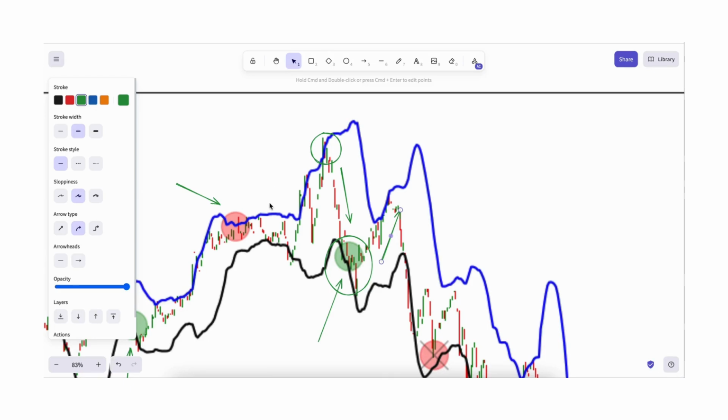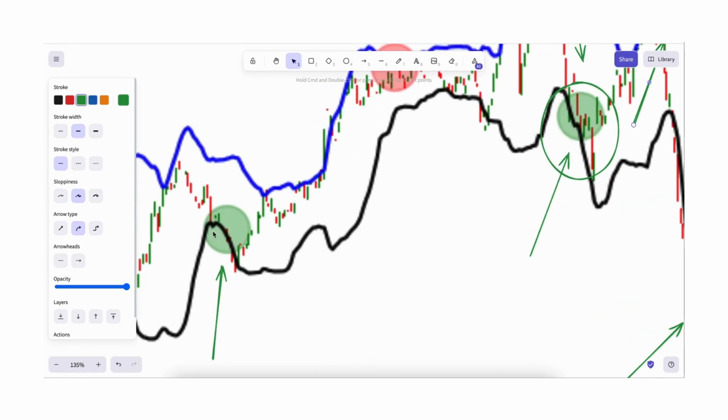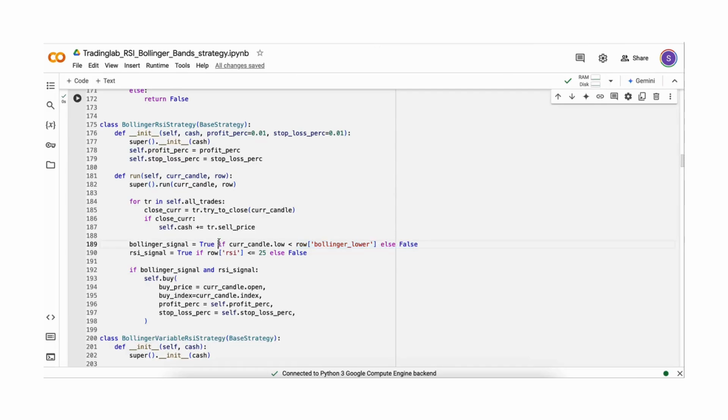So this basically says that, for example, it is satisfied somewhere here, where the low of a candle is lower than the lower Bollinger Band, which is this black line. Whenever the low of the candle is below this black line, this condition is satisfied. So this is the Bollinger signal.